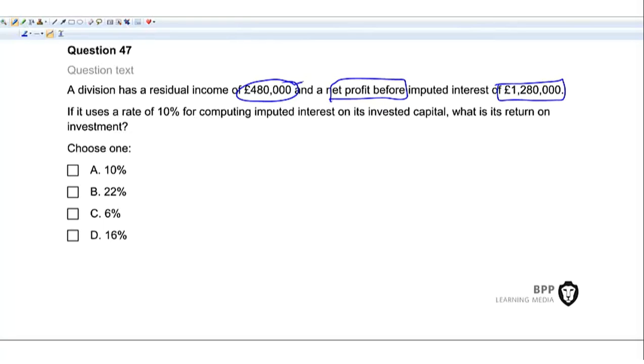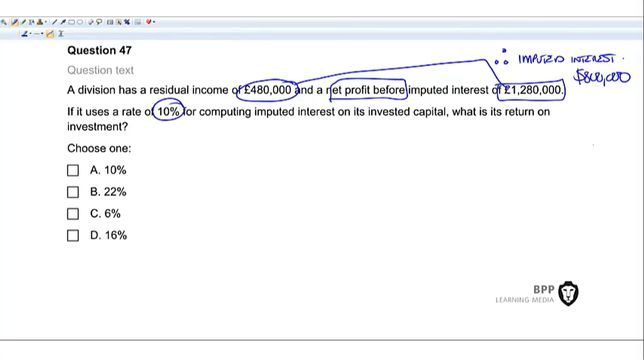Well, if I have residual income of 480,000 and profit before the imputed interest of 1280, that can say to me that therefore my imputed interest must be the difference between the two. I must have deducted an imputed interest of 800,000 from the 1280 to be left with my residual income of 480,000.